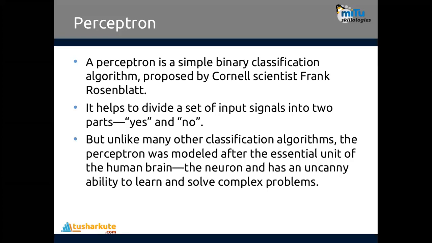So the study of the human brain and human nervous system is involved in the design of the perceptron. The perceptron is an electronic representation of the human neuron, and whatever abilities are naturally present in the human neuron, similar abilities are provided to the perceptron artificially.